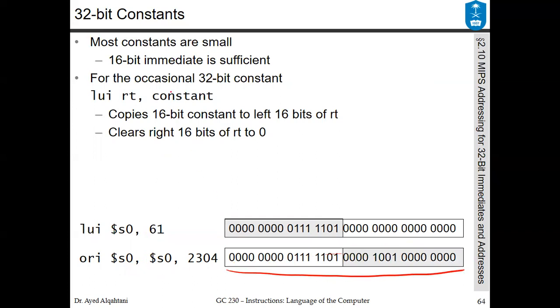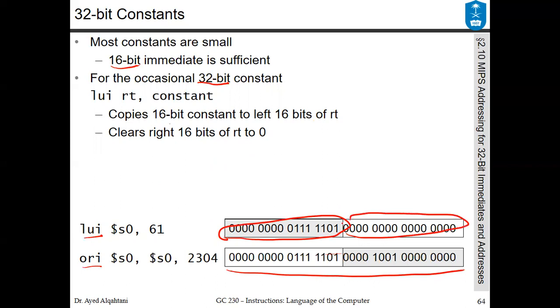So most constants are small, and 16-bit is enough. If you need 32-bit, then you need load upper immediate followed by OR immediate. You copy the 16-bit constant to the left 16 bits of the RT, meaning S0 at this point. So you have this first, and then you clear the right 16 bits of RT to 0, which is this one.